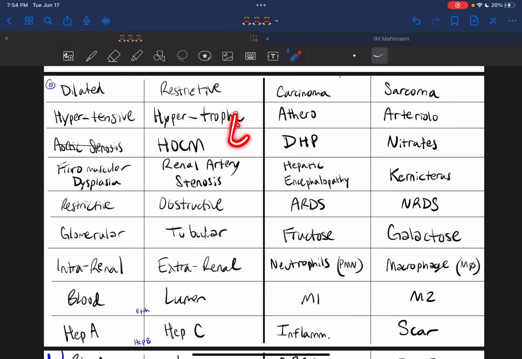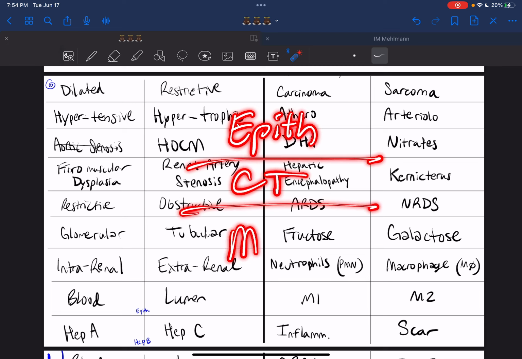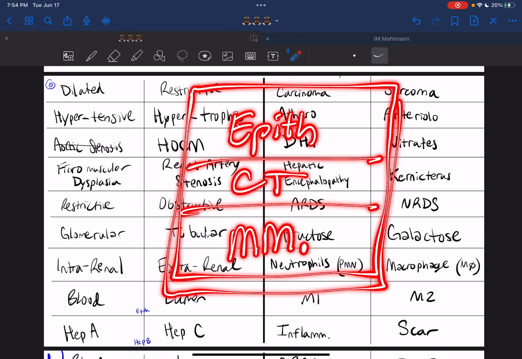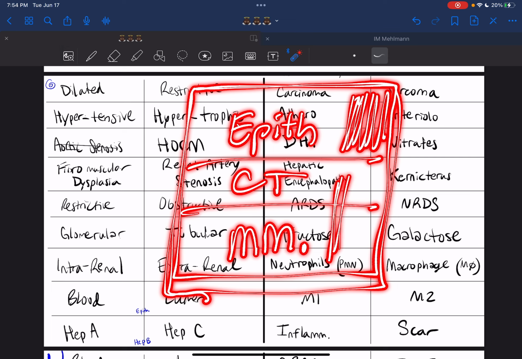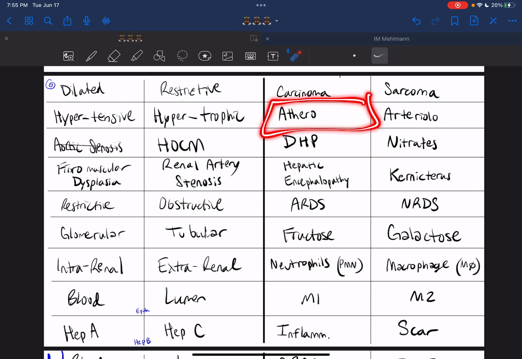So when you have your histology, it's 3 layers: epithelium, connective tissue, muscle. Those 3 layers are always there in that order, basically all the time. So if it's here, it's a carcinoma. If it's one of these 2 guys, it's a sarcoma. Athero versus arteriolo. This is artery versus arteriole, big versus small.